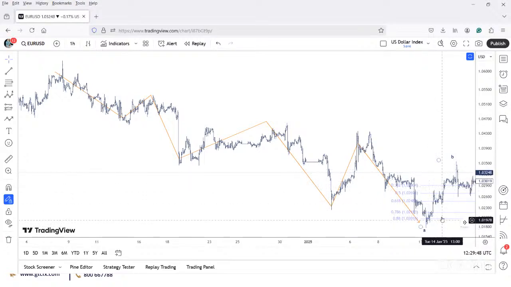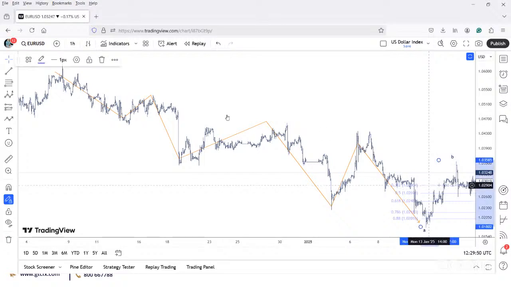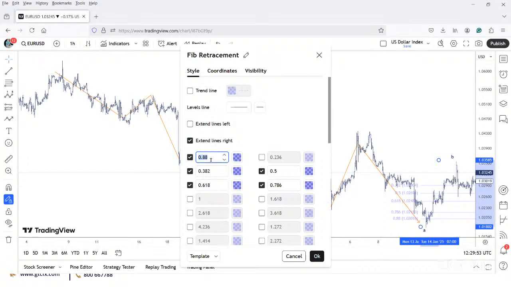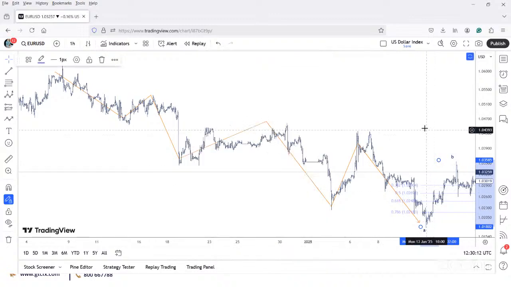I have plotted 5 lines. You can choose to plot 5 if you want. 88% also I have taken for some exclusive cases, but you just need to include 3, 5, 6, and 7. All of you are able to see this. Please select these 4 ratios, choose whatever color you want, and you're good to go.